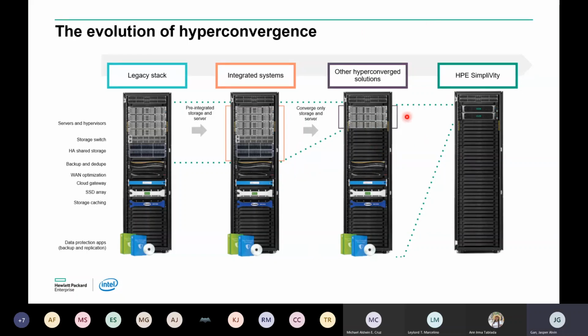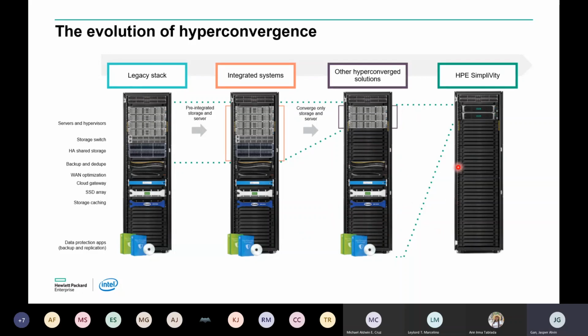Next is other hyperconverged solutions. So other hyperconverged solutions already integrate the storage and the server portion of the solution. But what about everything that's underneath? Like our backups, our deduplication, compression, those data optimization functionalities, as well as data protection applications. You still need to buy those appliances or applications or bundle them in.